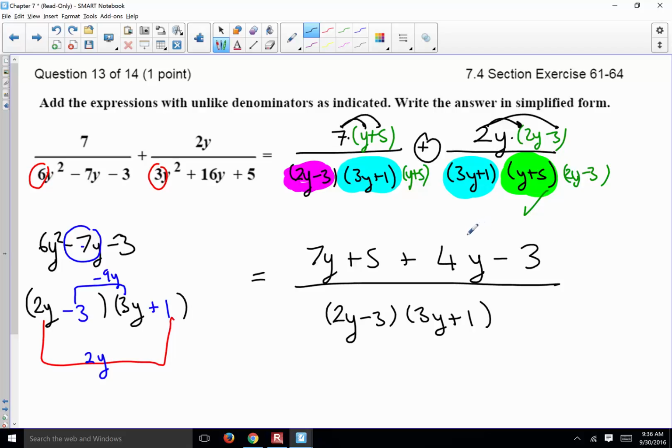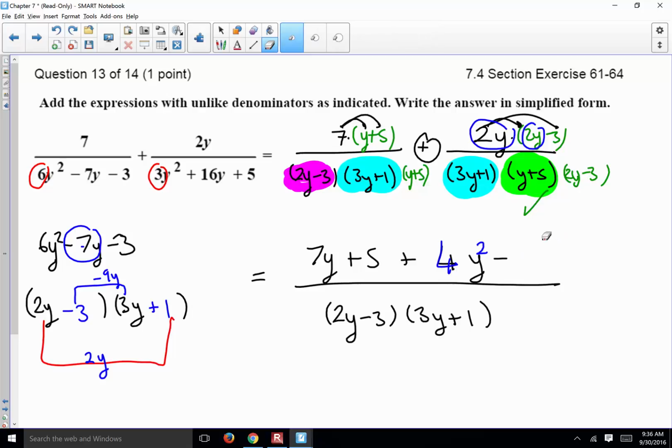You have 4y minus 6. Yeah. It's 4y squared minus 6y. When I multiply 2y with 2y, I get double y, so it's y squared. 4y squared. 2 times 2 is 4. Y times y makes y squared. Not only that, 2y times minus 3 makes not this.